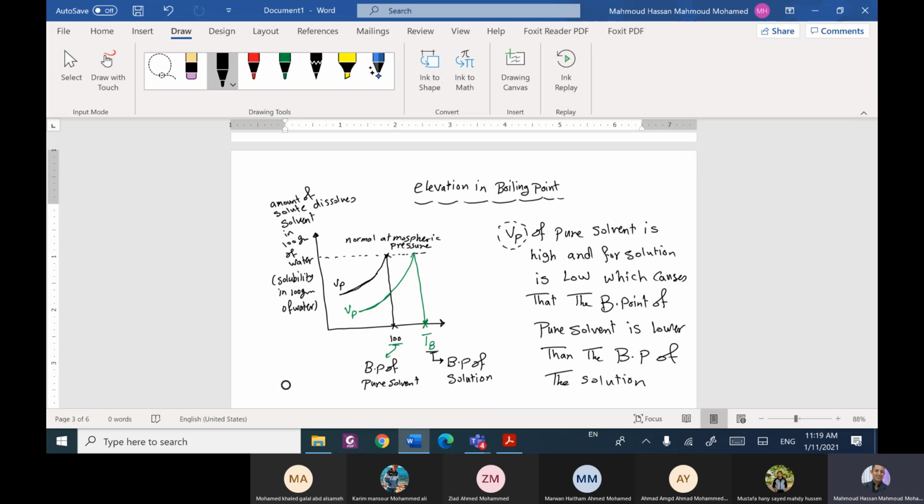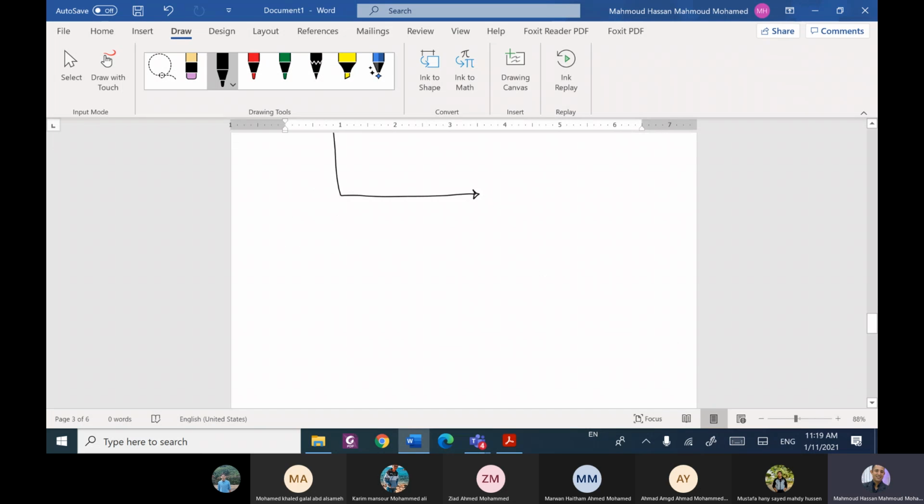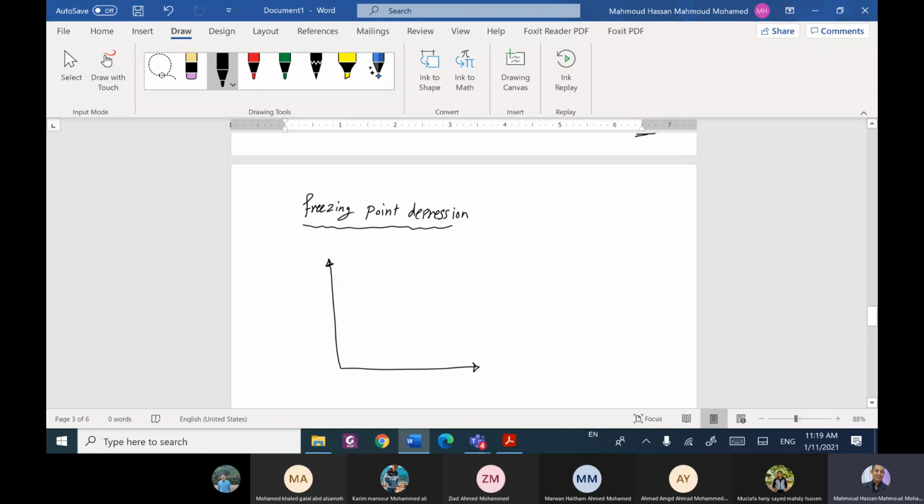Now let's start talking about depression in the freezing point. Solubility in 100 gram of water. Return back to the phase curve.